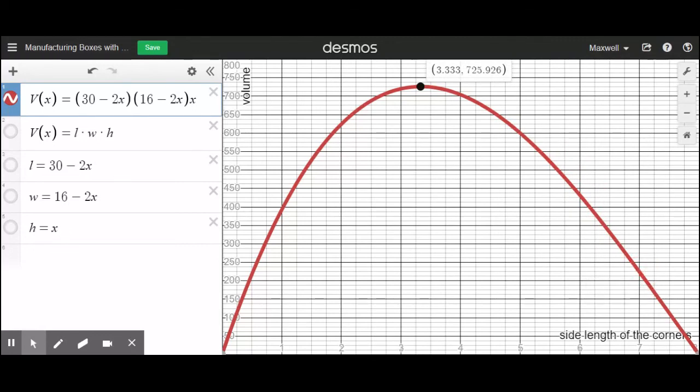So if you wanted to figure out exactly what the length, width, and height are going to be, we could use these equations that we just established.